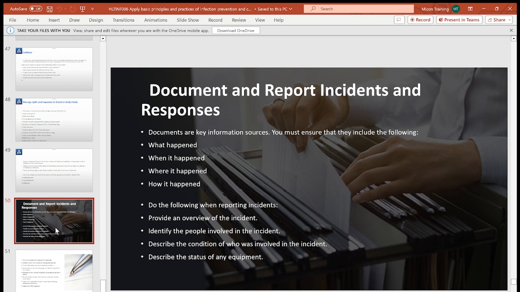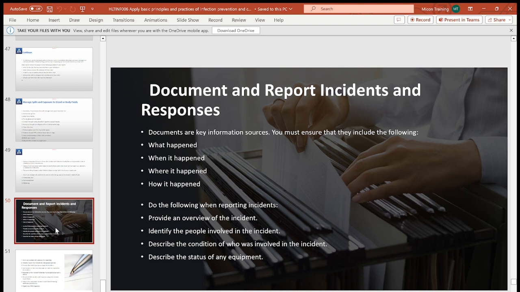While we are talking about recording in line with the organization's policies and procedure, we can think about documenting and reporting incidents and responses. So document information sources. You must ensure that they include the following: what happened, when it happened, where it happened, and how it happened.